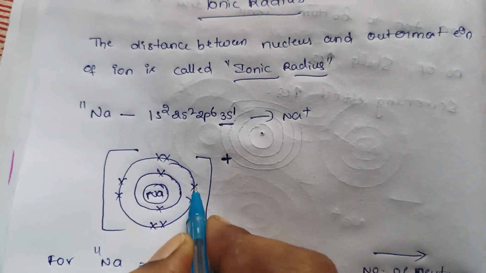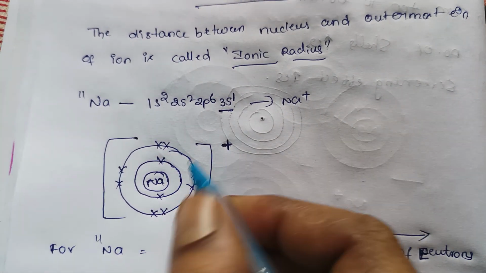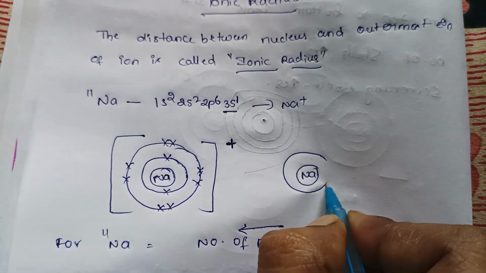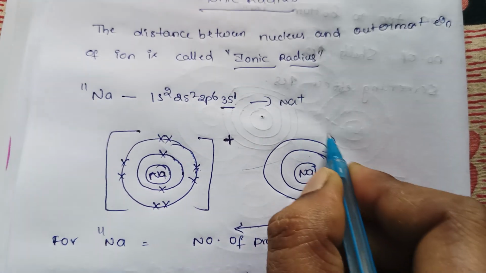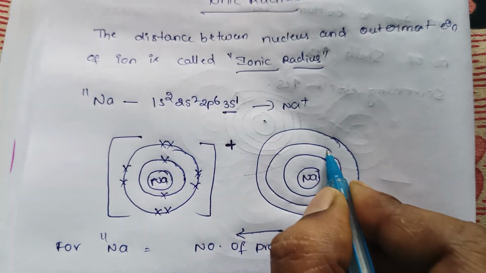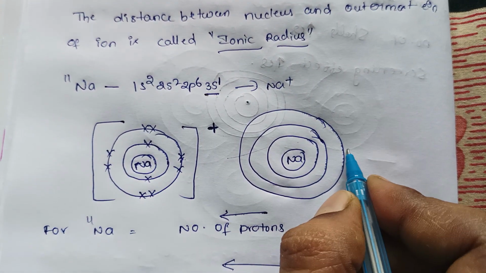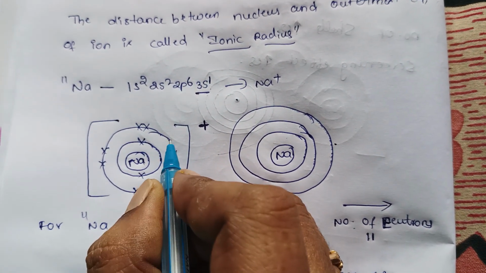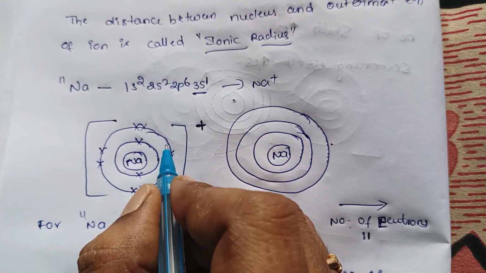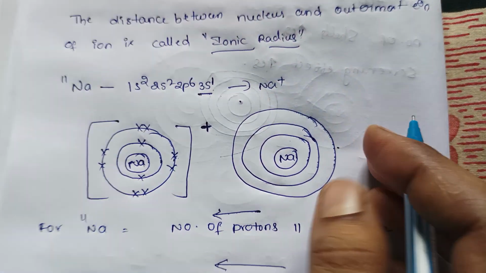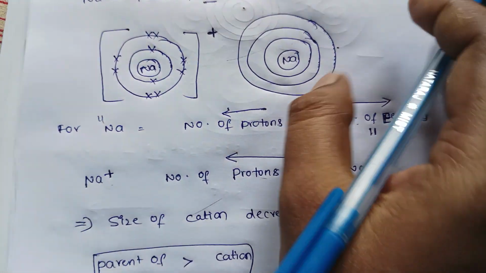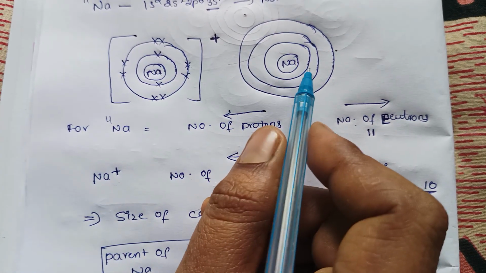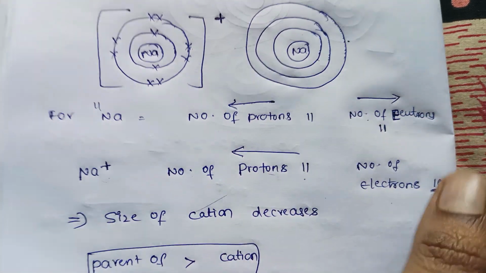Here the number of shells is 2. For the neutral atom, the number of shells is 3, because the sodium ion lost one electron, and due to that one shell is lost. So the ionic radius of the sodium ion decreases compared to the parent atom of sodium.